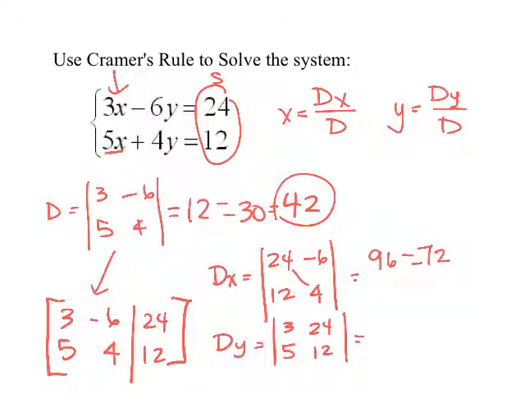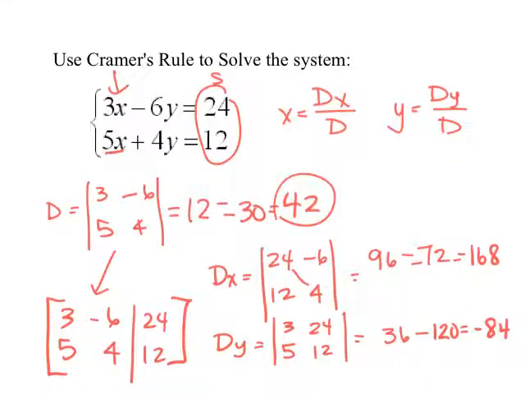And over here, you're going to have 36 minus 120, and we end up with a determinant value of 168, and down here we have a determinant value of -84.